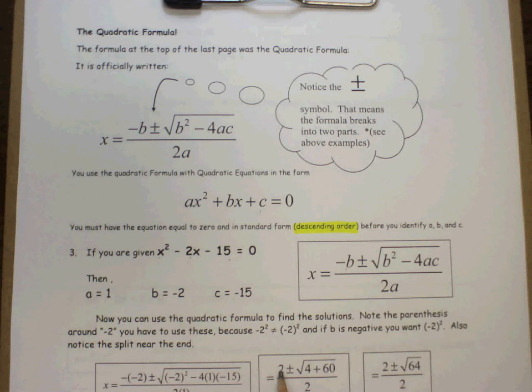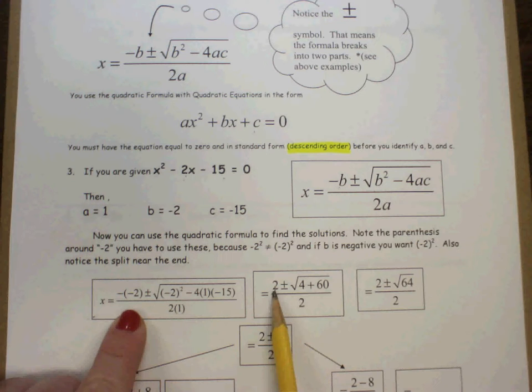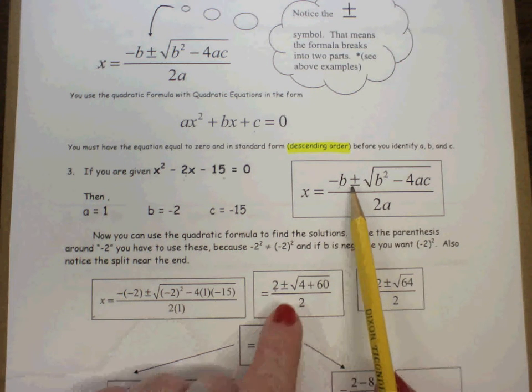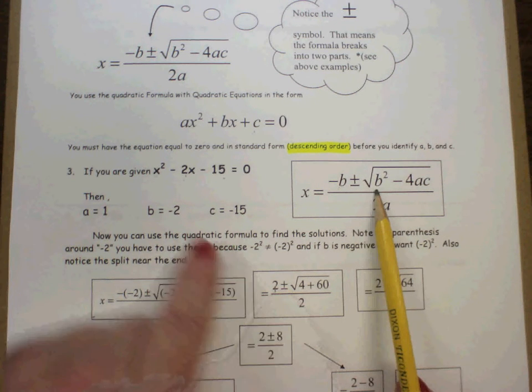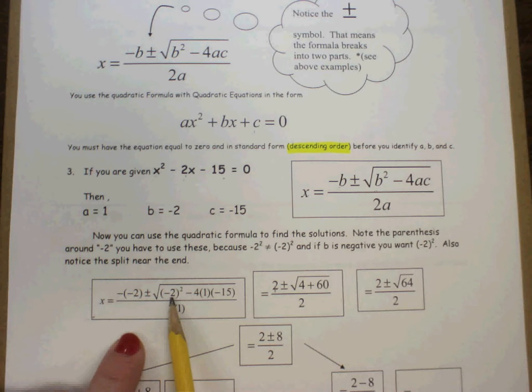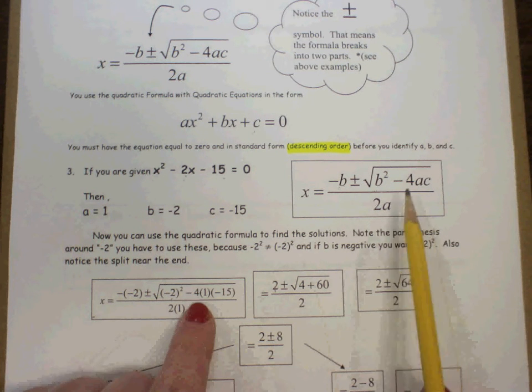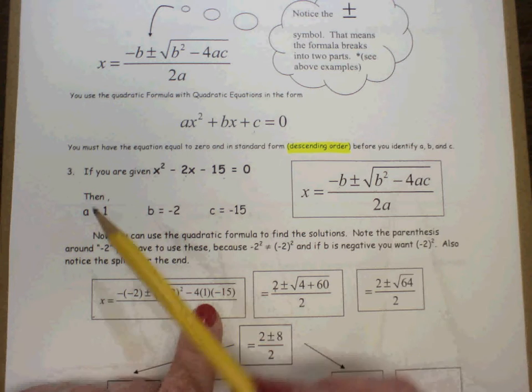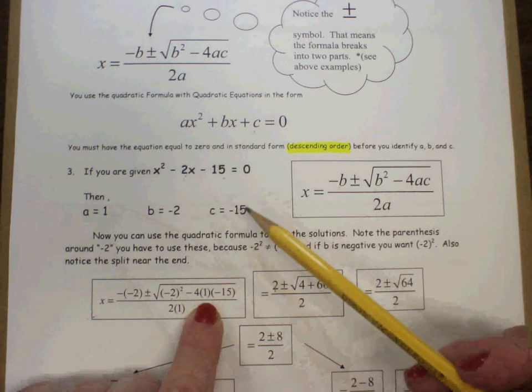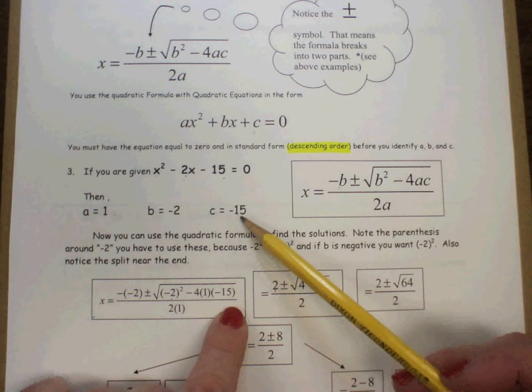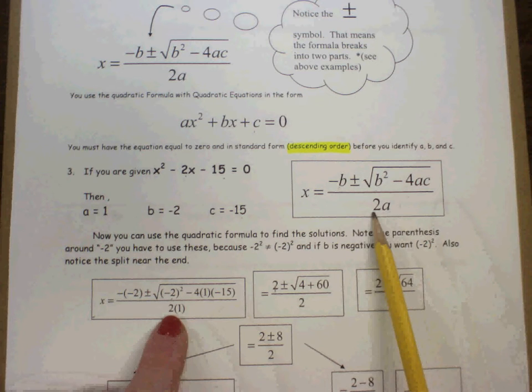Plus or minus, and then your b squared, that would be negative 2. You have to write it in parentheses. Whenever you're substituting, you have to put it in parentheses. And then minus 4 times a, which is 1, times c, which is negative 15. All of that is divided by 2 times a, and a would be 1.